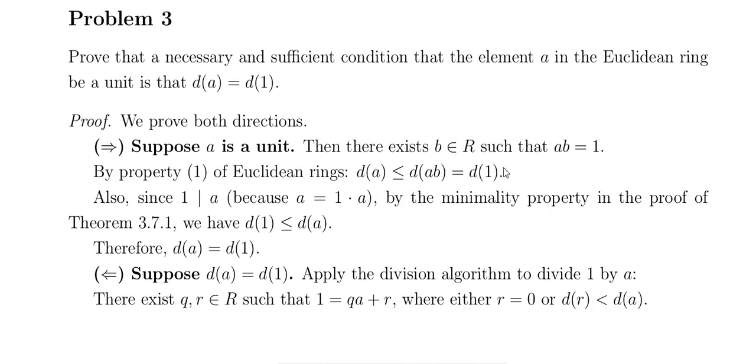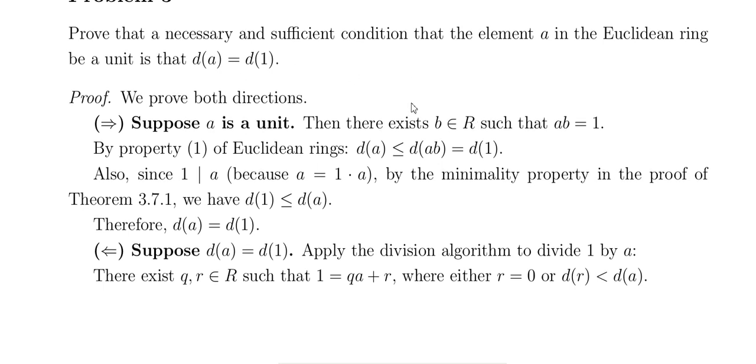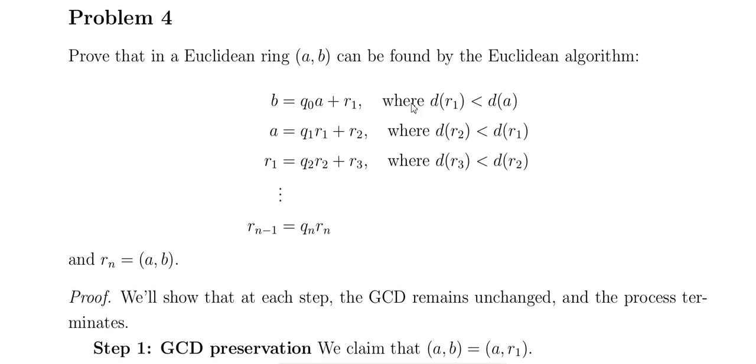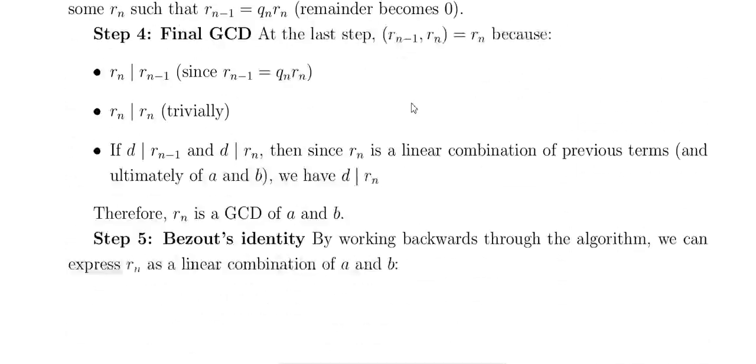In a Euclidean ring, an element a is a unit if and only if d of a equals d of 1. This is the Euclidean algorithm.